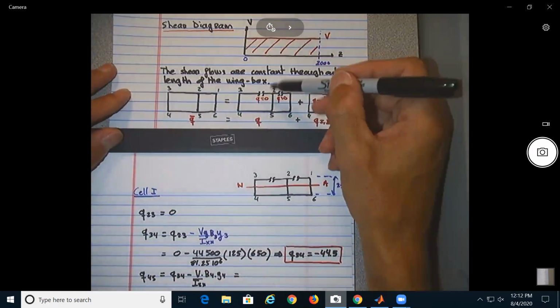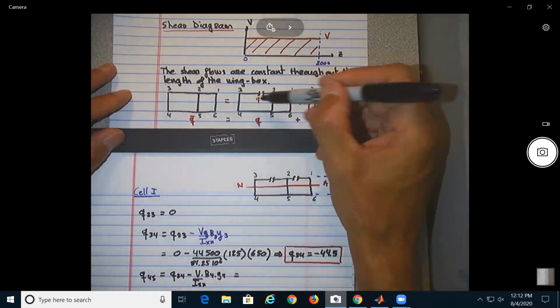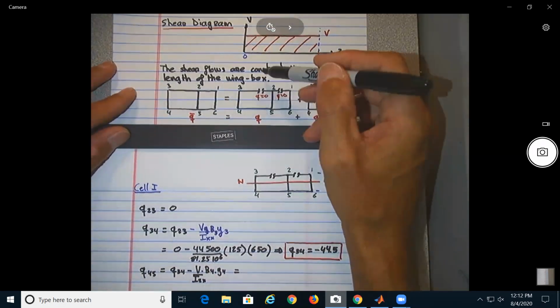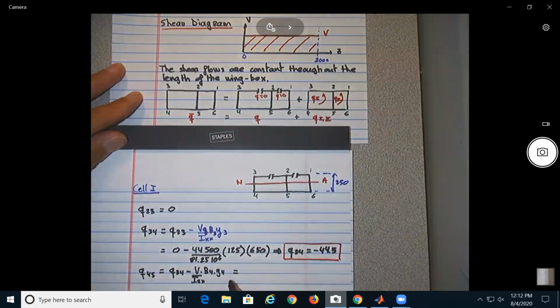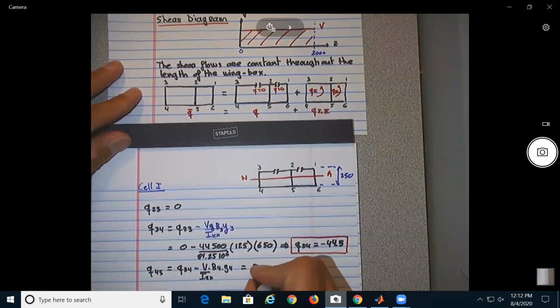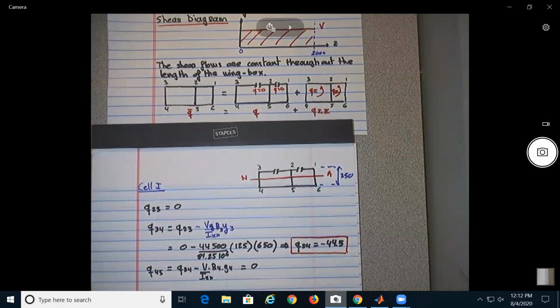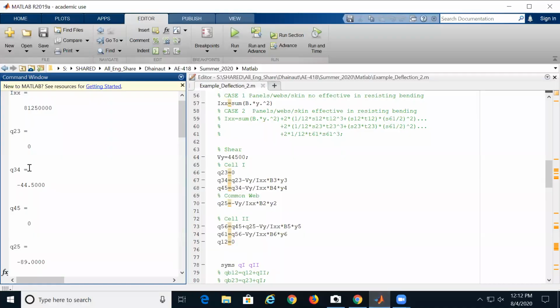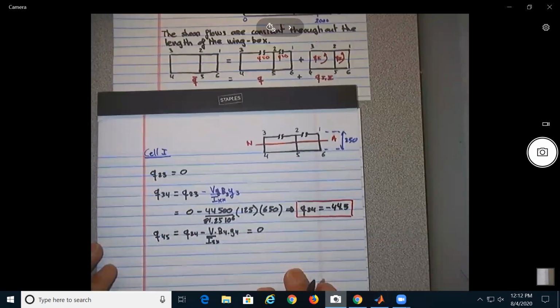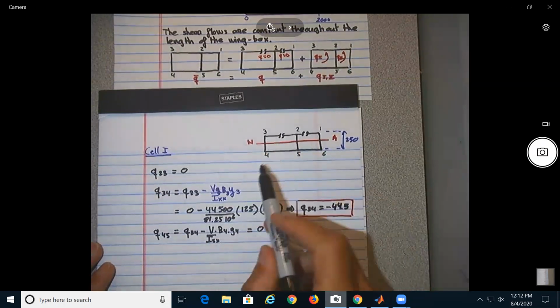The vertical force is only going to be acted by the vertical members, no? So by symmetry, by logic, you can do the math, but I can bet you that this term is going to be 0. We can check on the MATLAB, but it should be 0, Q45 equals 0. You see, only the vertical members react the force. Now, so we do 2, 3, 3, 4.